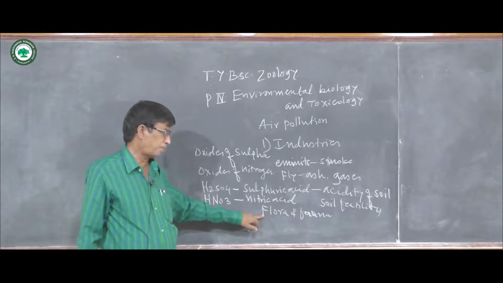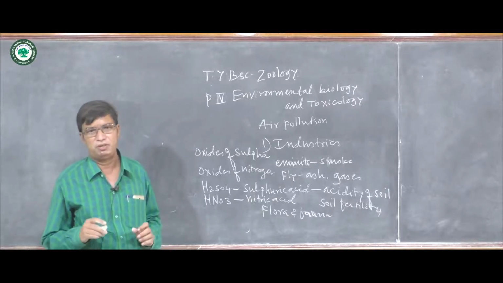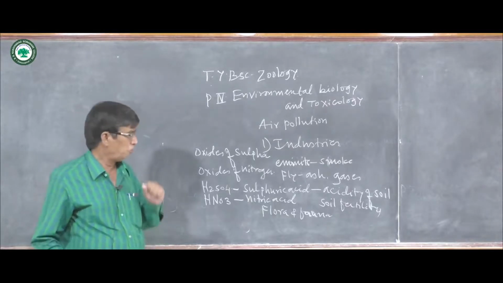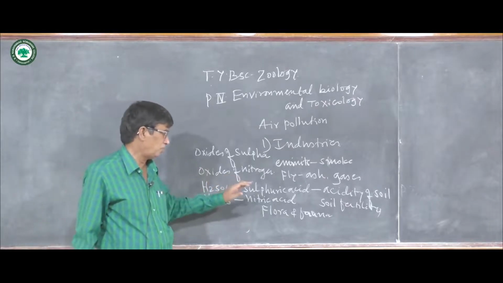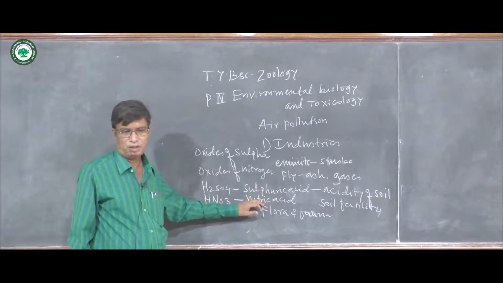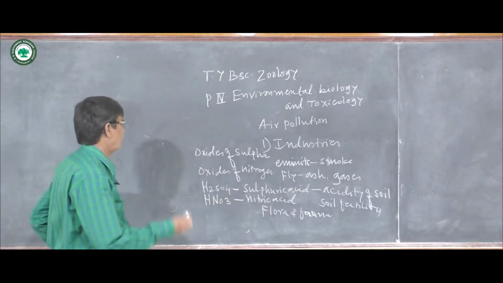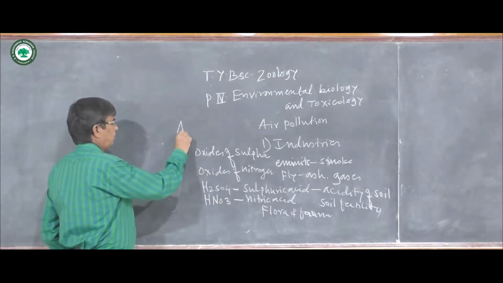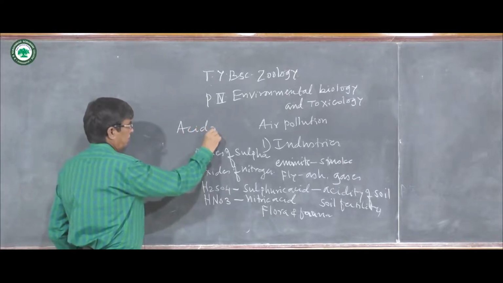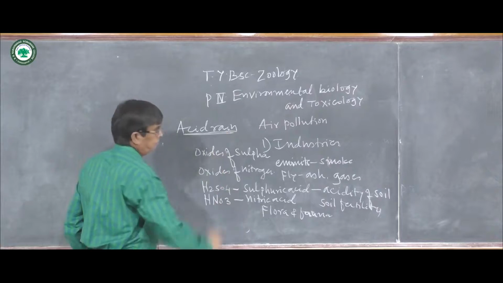Flora, plants, and fauna, animals, both are adversely affected due to the addition of sulfuric acid and nitric acid. And this is commonly called acid rain.